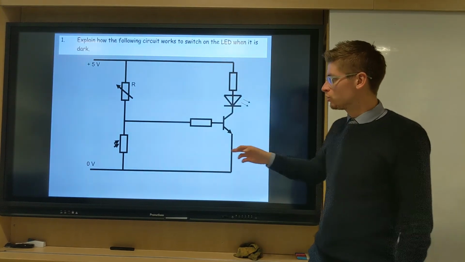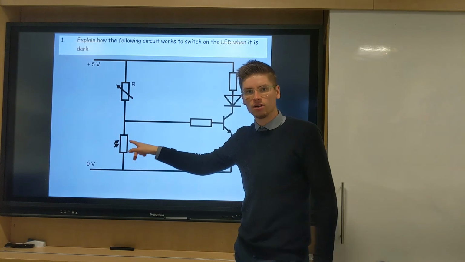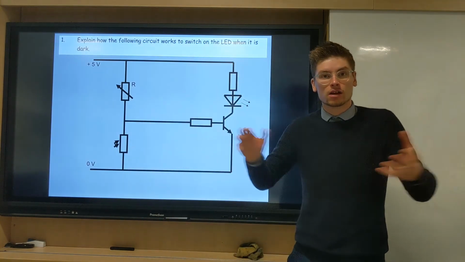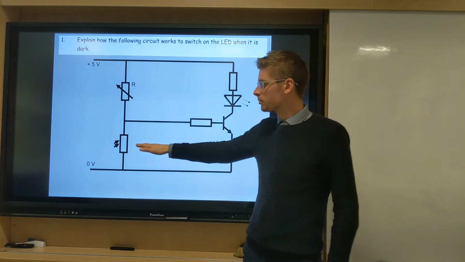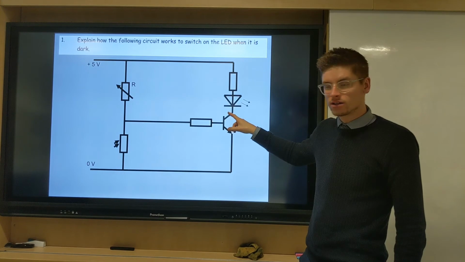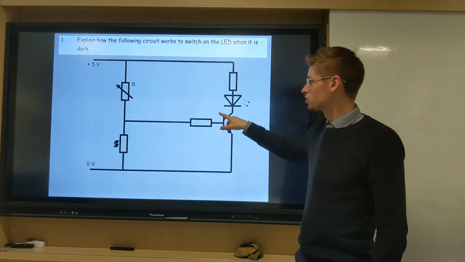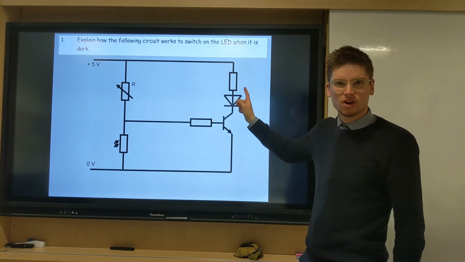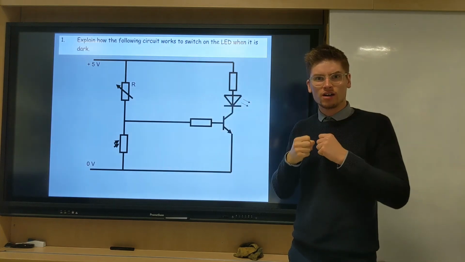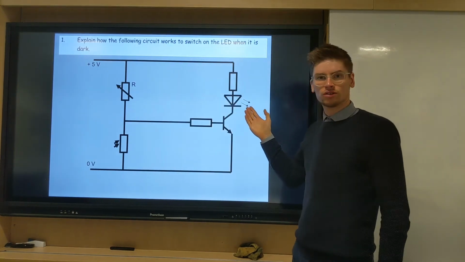So if the resistance is up here, the voltage is up as well, because remember, large resistance is large voltage. If voltage goes up here, then the voltage across here is going to turn this on, which is going to turn the LED on. So actually this is like a street lamp. When it gets dark, somehow the light turns on.